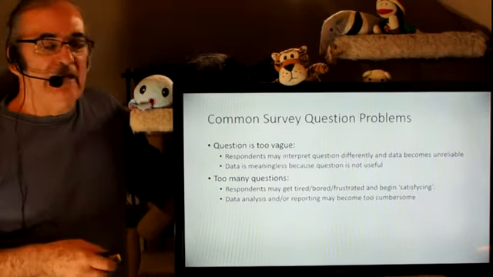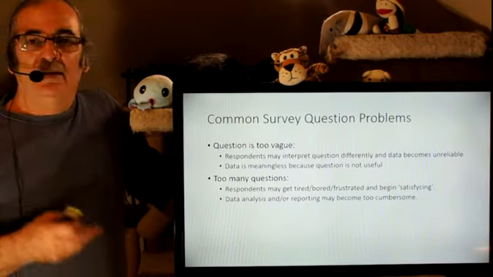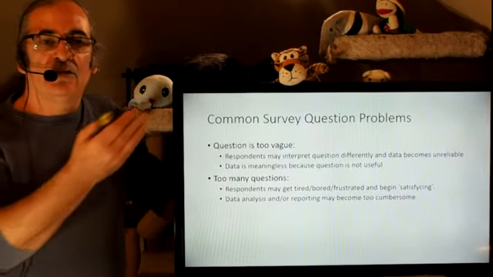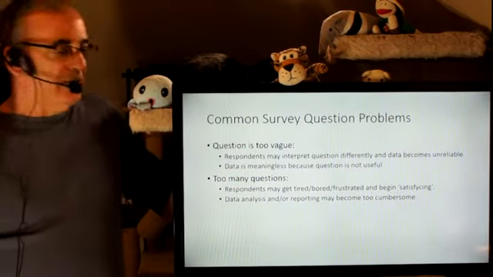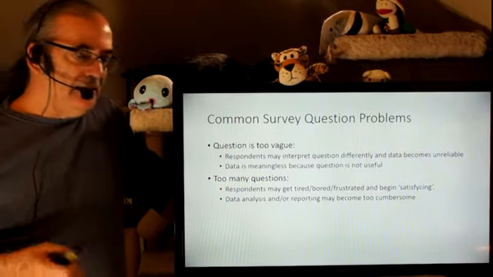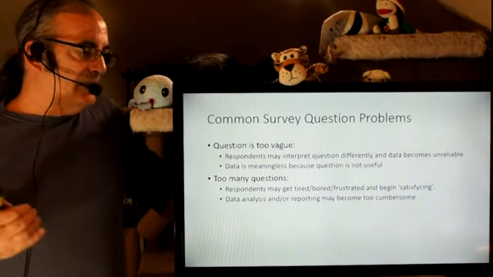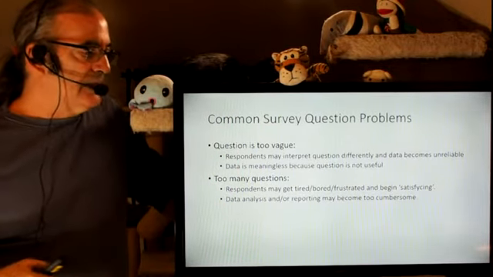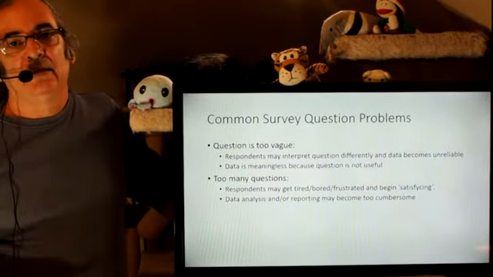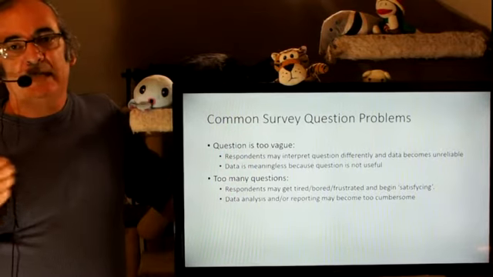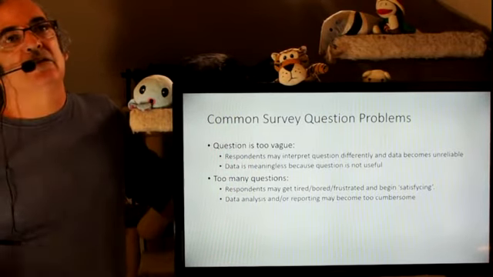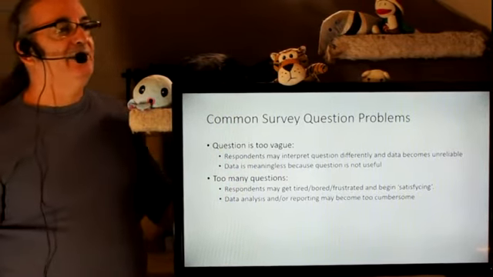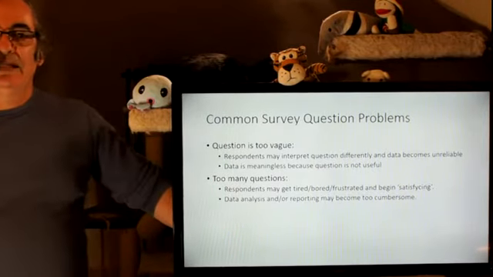Well, people might interpret the question differently, and then the data becomes unreliable because some people are thinking about one thing, other people about entirely another. And if the data becomes unreliable, then the data is meaningless because the question isn't useful. So unreliability, then meaninglessness, and I don't know how many surveys have been written that generate absolutely meaningless data.